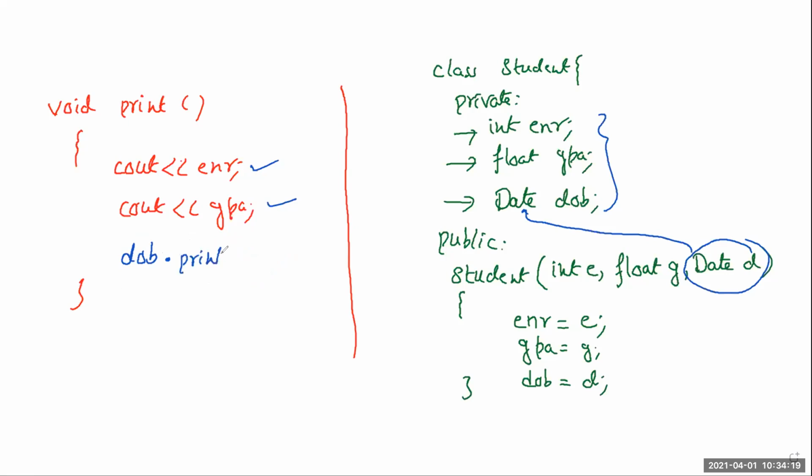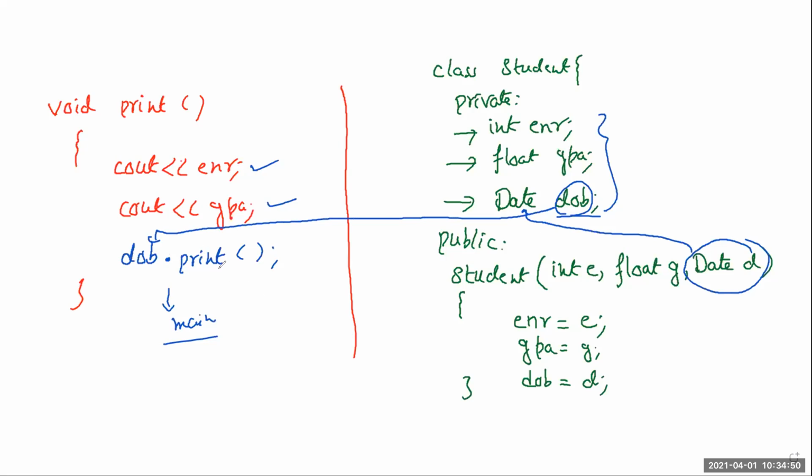So you see, previously we have been writing these statements like this in the main, right? But now, since I have an object inside the class, I can perfectly call any function of that class using the dot operator and object name, right? This was my variable name dob. So using this dob, if I want to print the date of birth of a student, then I can simply call dob.print and it will actually print it.